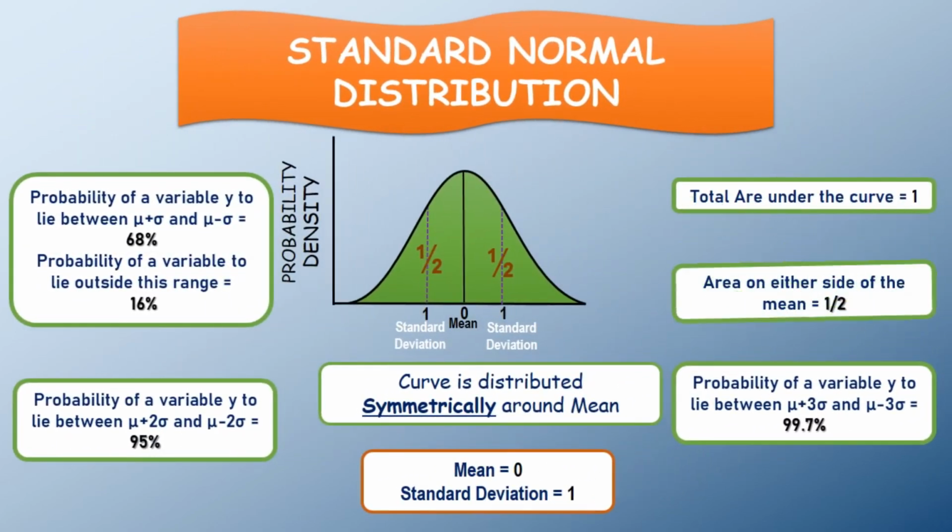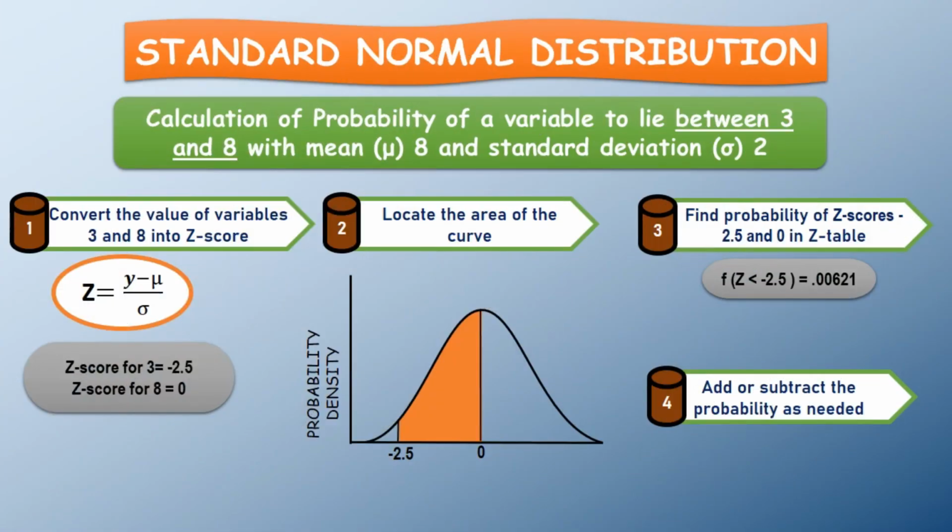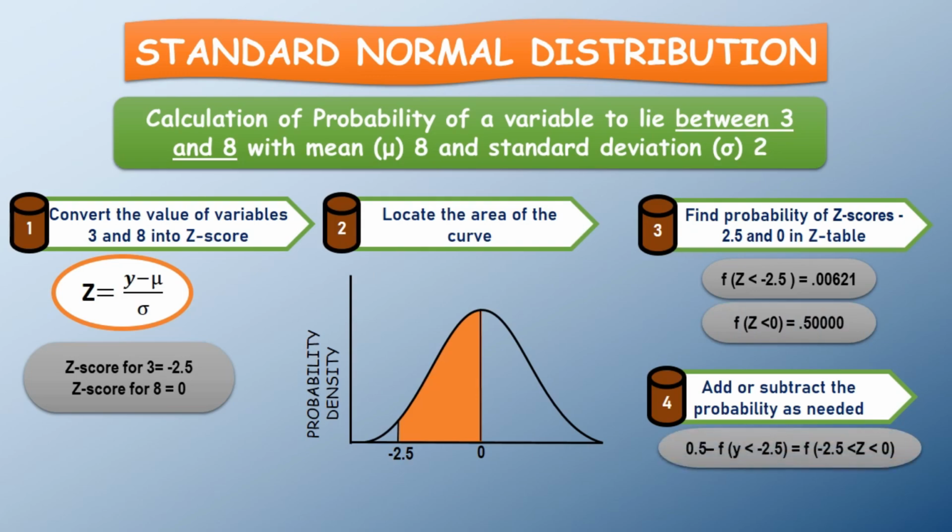You see, another feature of standard normal distribution is that the area on either side of the mean is 1 by 2. That is 0.5. So instead of using the z-table to find the probability below 0, we can directly know the probability of the z-score of 0 to be 0.5. And instead of going to the z-table, we can directly continue with the subtraction process.